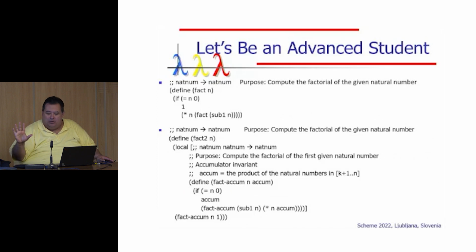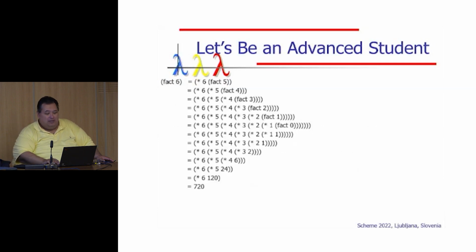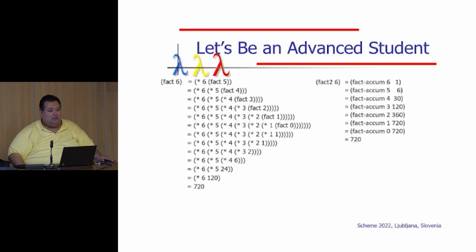I'm going to do it in 2 minutes. Delayed operation for factorial, we all know that. Eliminate it using an accumulator. And then you say, okay, what's the difference? That's the trace. A lot of work being done with the delayed operation. If you look at the accumulative recursion, you only need 2 stages. There's less work being done.